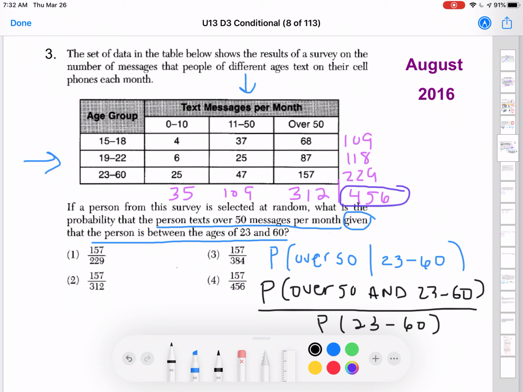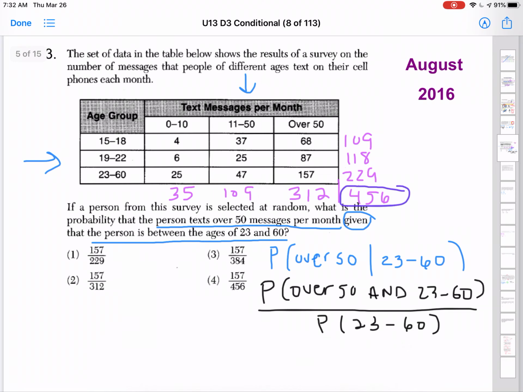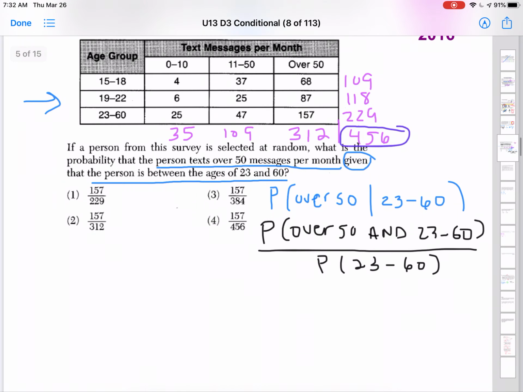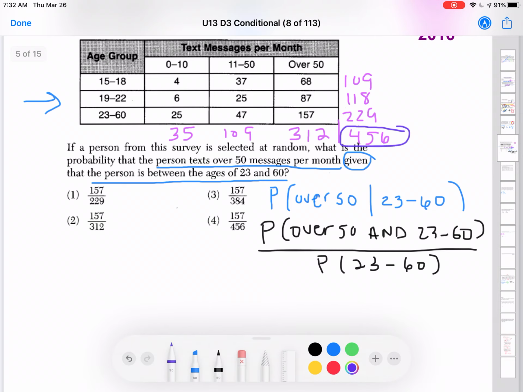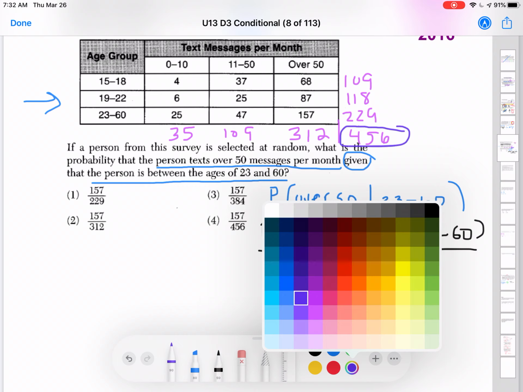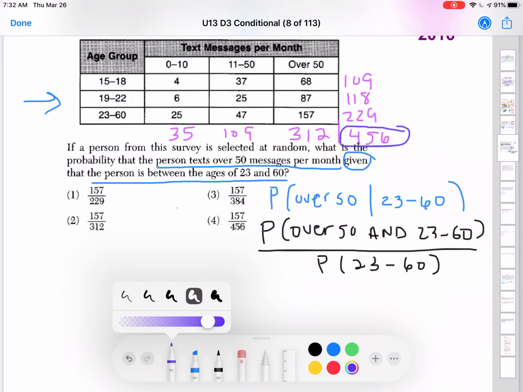Okay, so let me make more room. Probability of over 50 and 23 to 60. We have 456 altogether.